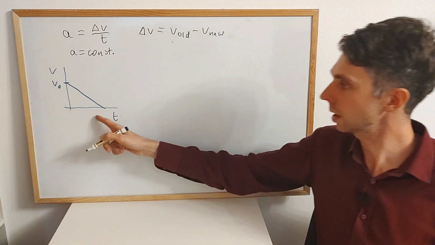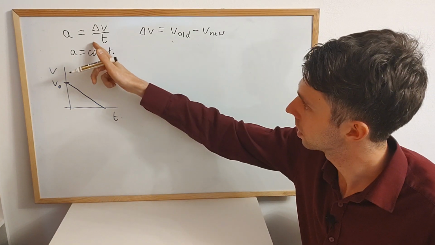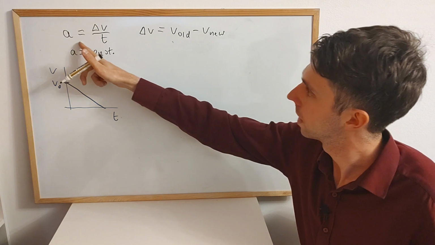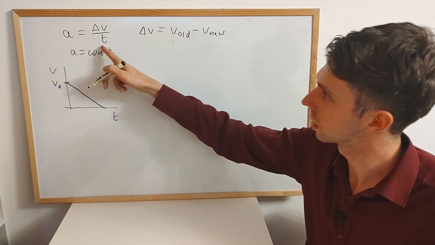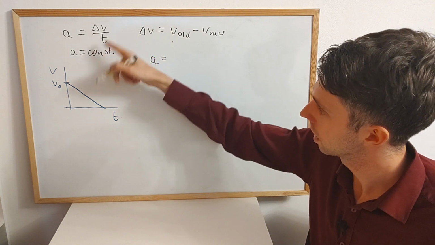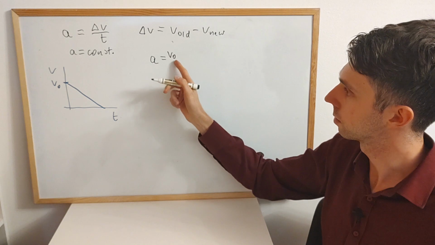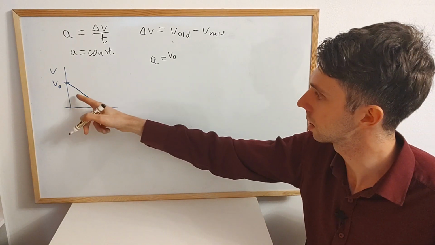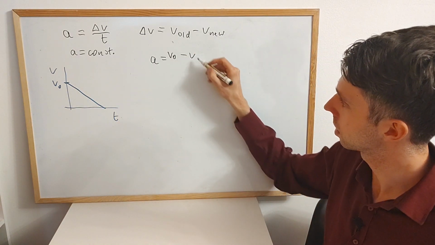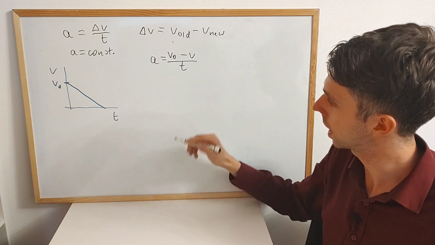You can see easily that this is a straight line because look, if we use this equation, a equals delta v, let's say this is the old velocity, initial velocity, minus velocity at some time, divided by time.